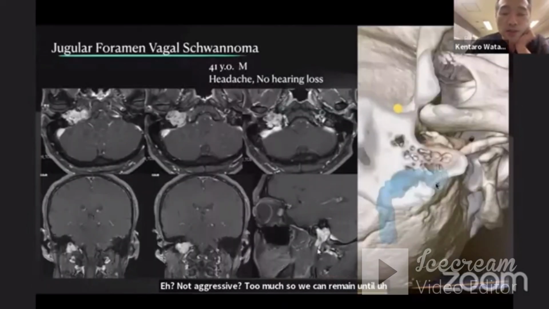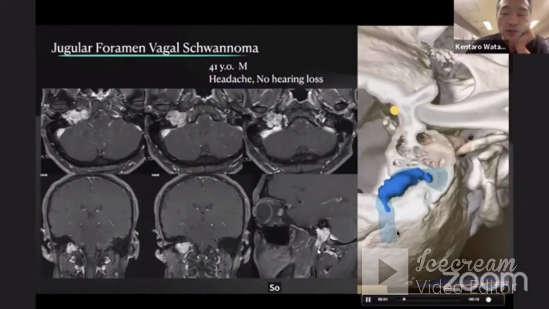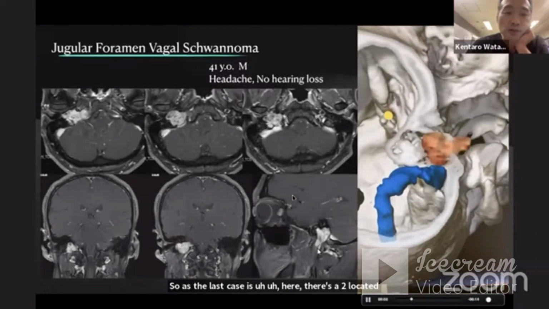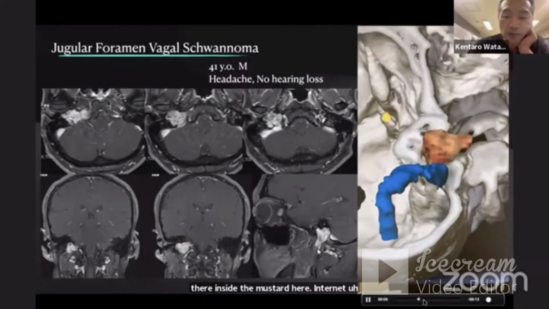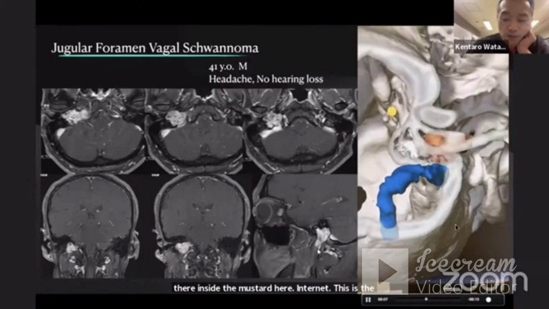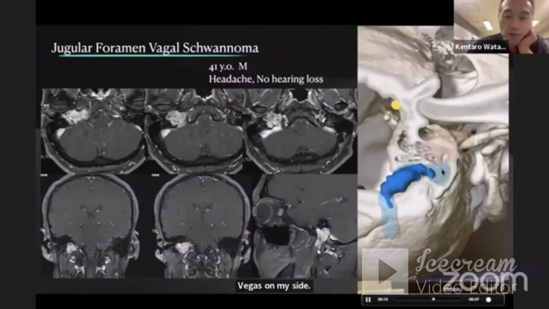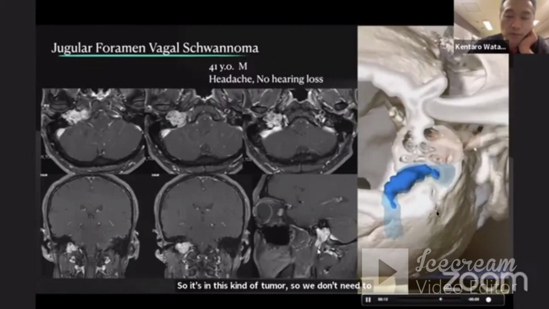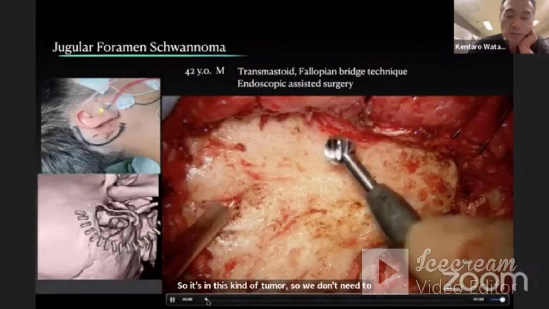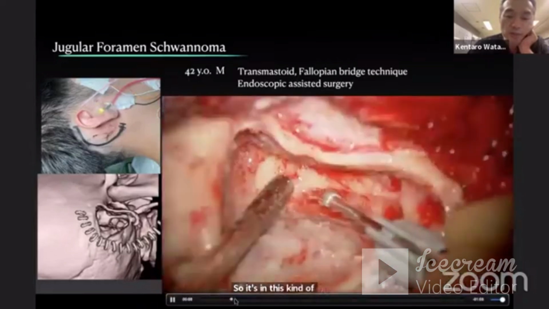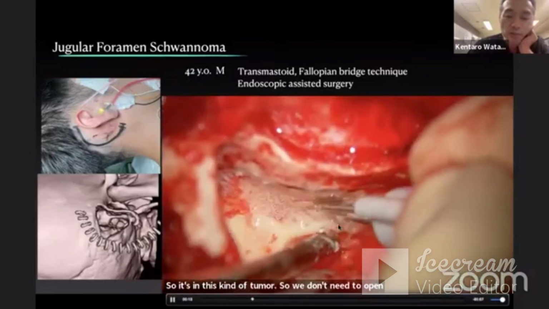So the last case is here, where a tumor is located inside the mastoid. This is a vagus schwannoma. For this kind of tumor, we don't need to open the intradural lesions. This is completely extradural. So mastoidectomy was done, and the facial nerve is here.